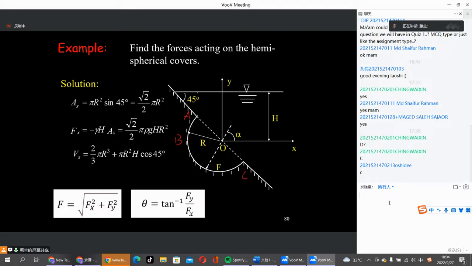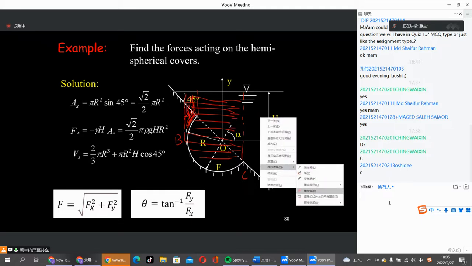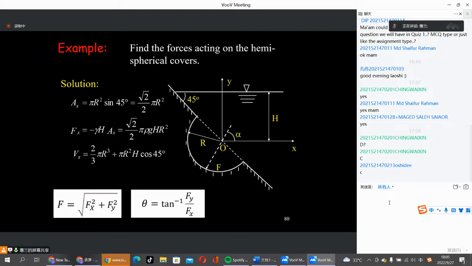For the AB part, the pressure volume is this one, and for BC it should be this one, from curve BC up to the free surface. So this part cancels out, and finally we obtain the vertical force equal to the volume.